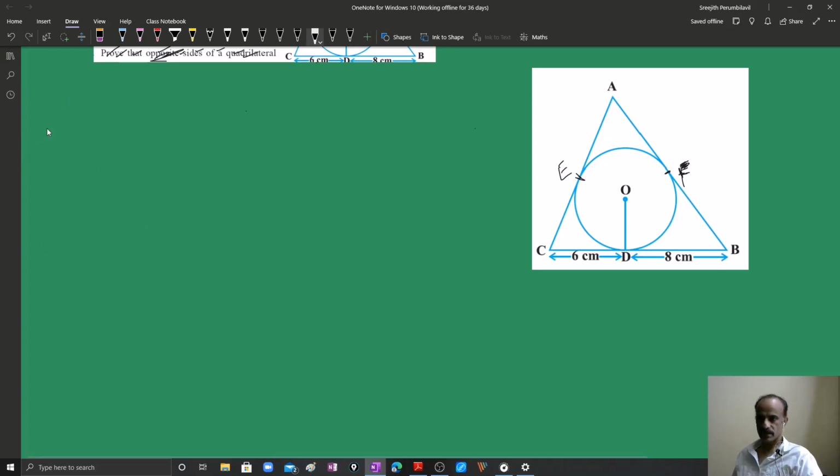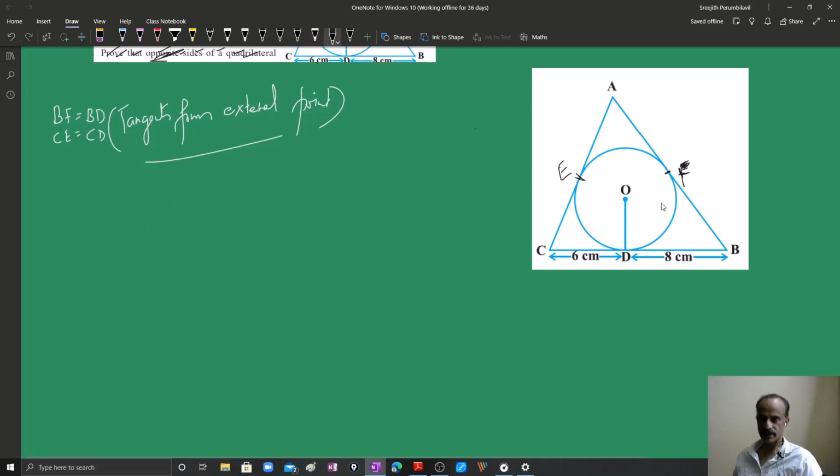So we can say from the figure that BF is equal to BD, and similarly CE is equal to CD. What is the reason? Tangents from an external point. So this is actually 8 centimeters, and this is also 8 centimeters.